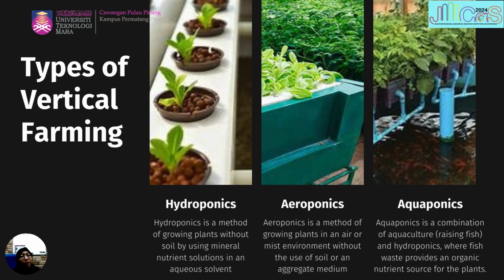Aeroponics is a method of growing plants in an air or mist environment without soil. Aquaponics is a combination of aquaculture, raising fish, and hydroponics, where the fish provide the organic nutrient source for the plants.